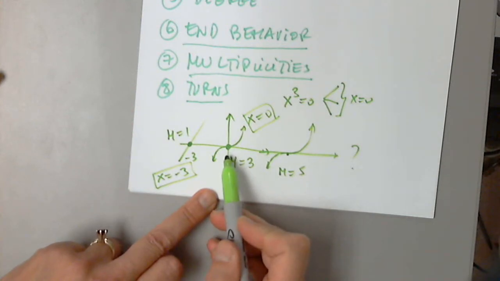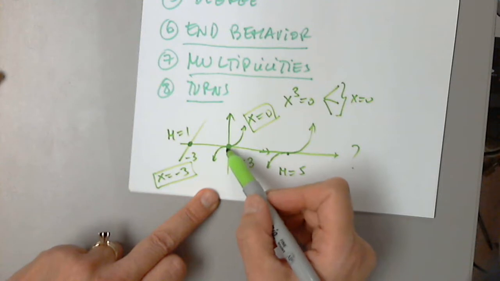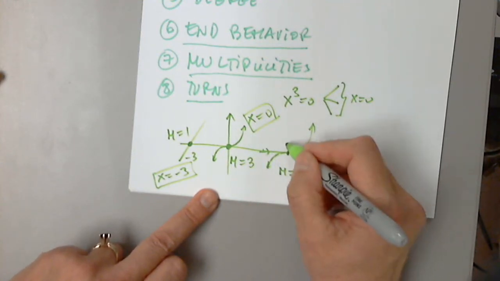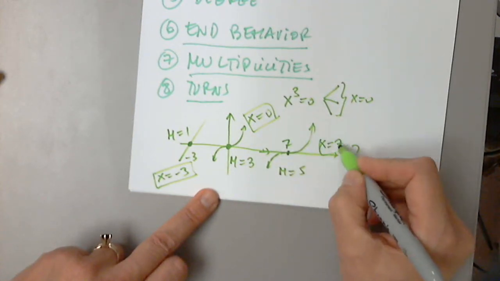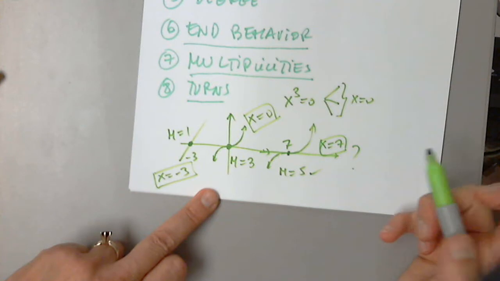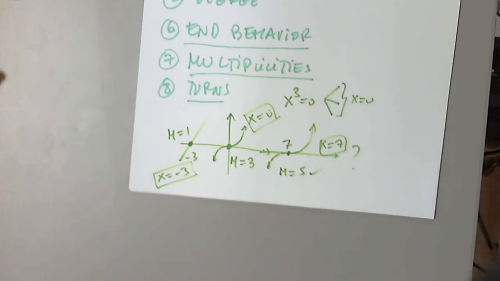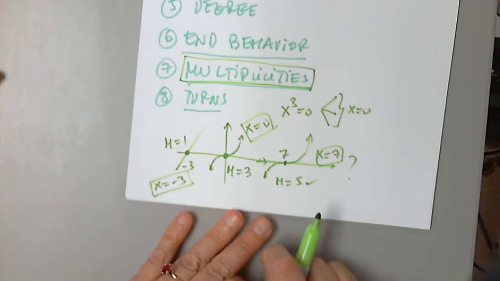That's why it has this appearance instead of this. This is a straight cross. This is a slow cross. And this is an even slower cross. So this one, let's say x equals 7, appears 5 times. That's why it takes so long for this function to finally cross the x-axis. This is what we call multiplicities.